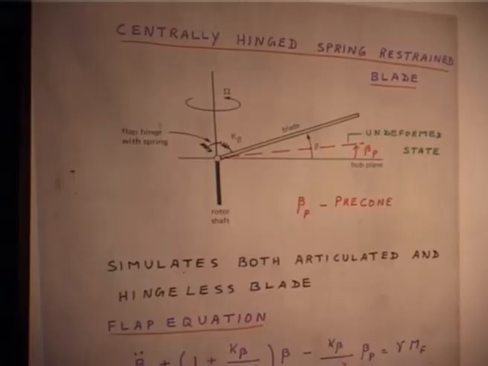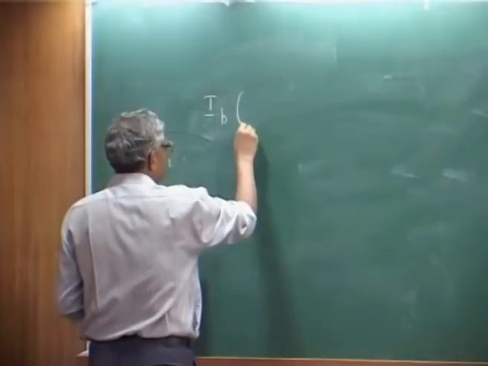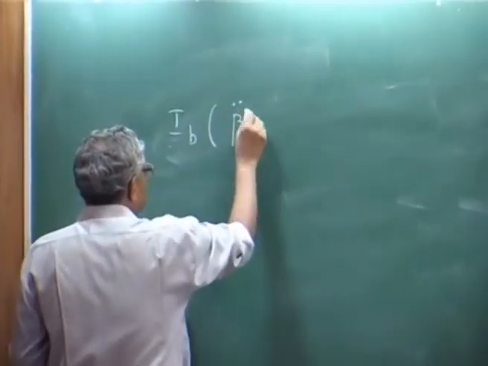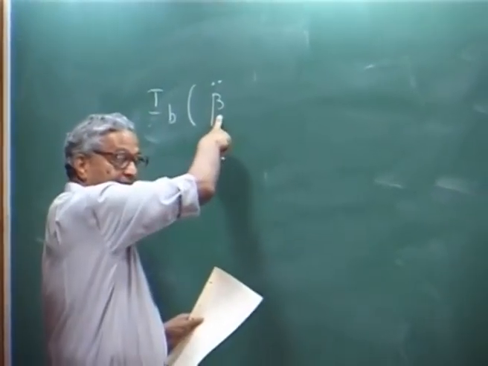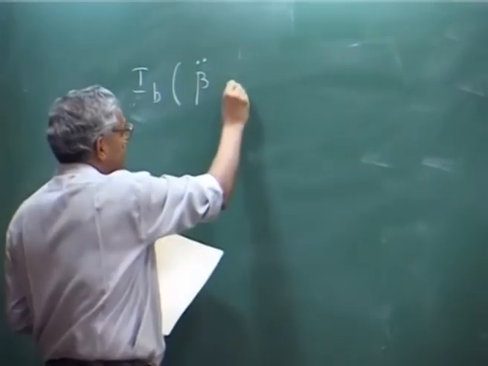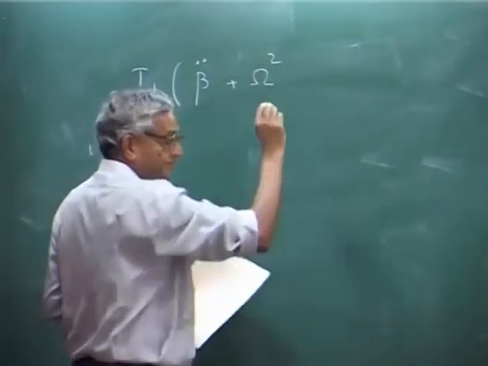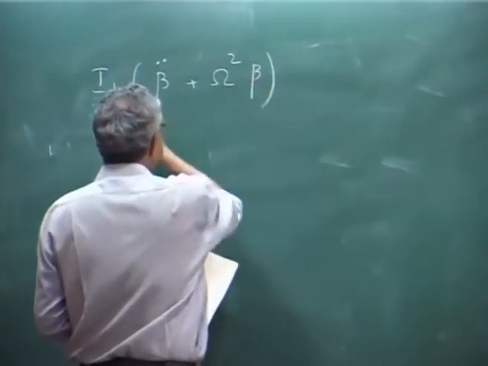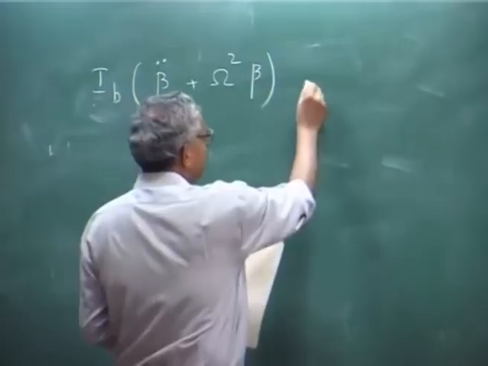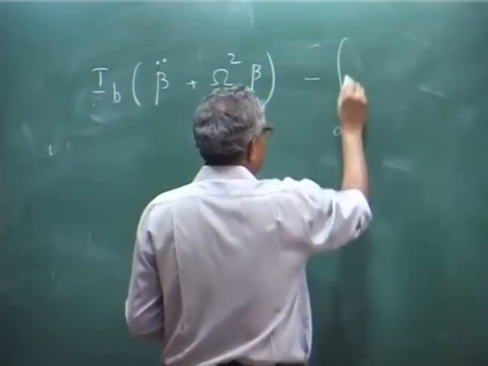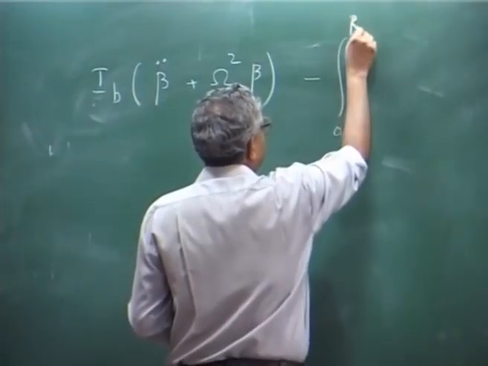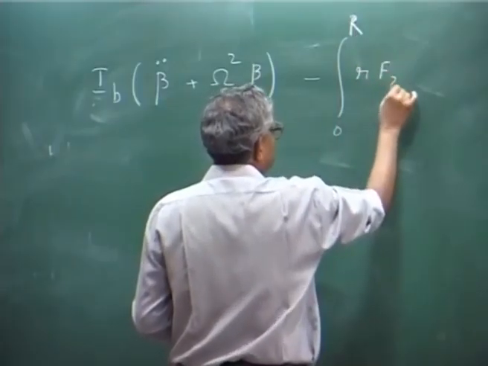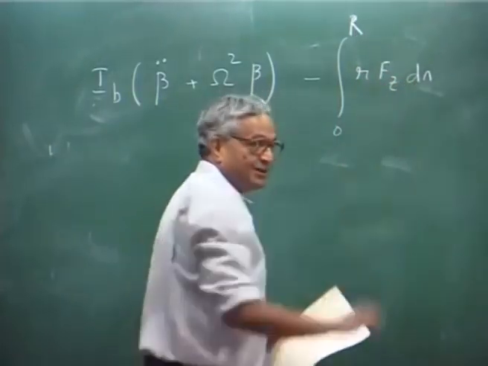Okay. So, my equation, I will just write that equation, because the flap equation we wrote: inertia is I b into beta double dot, this is the derivative with respect to time, plus omega square, we make that approximation, sin beta is beta, cosine beta is 1, this is the inertia, and aerodynamic was integral 0 to R, r F z dr. This was the aerodynamic moment.